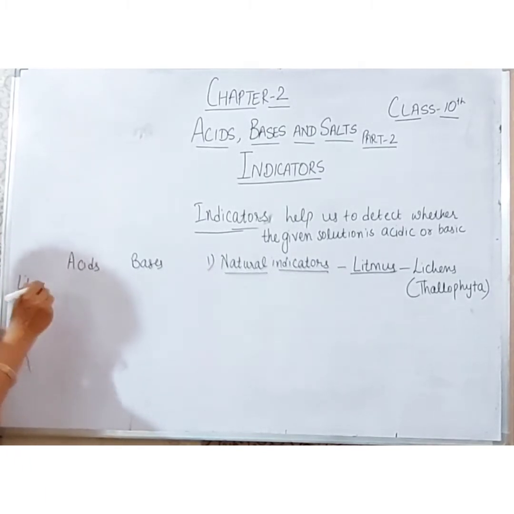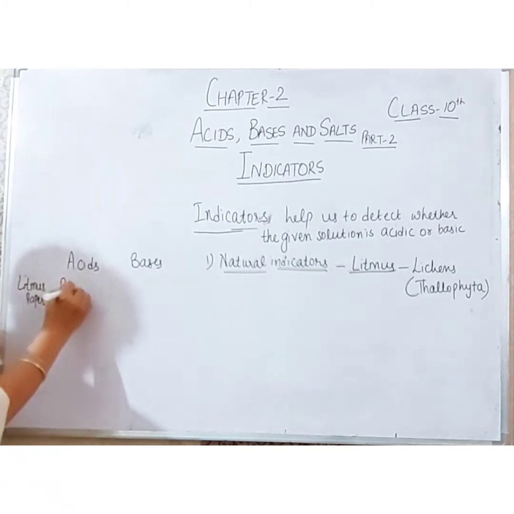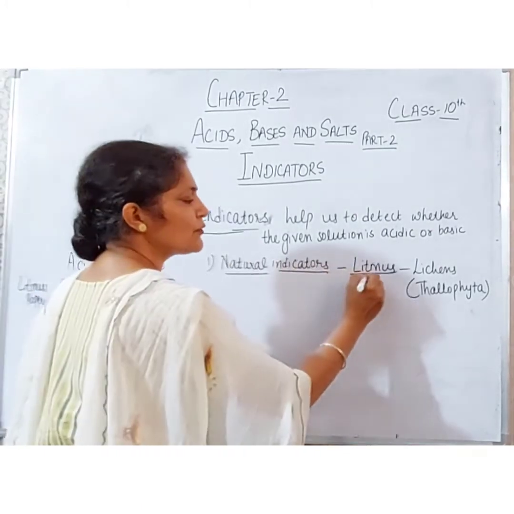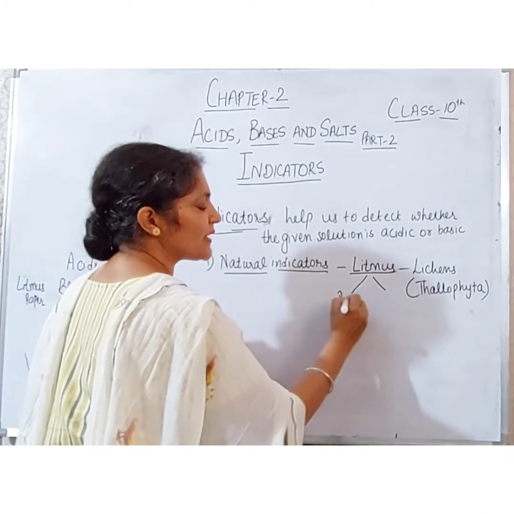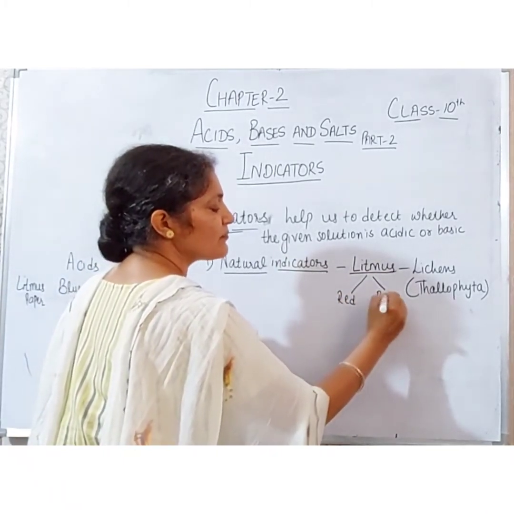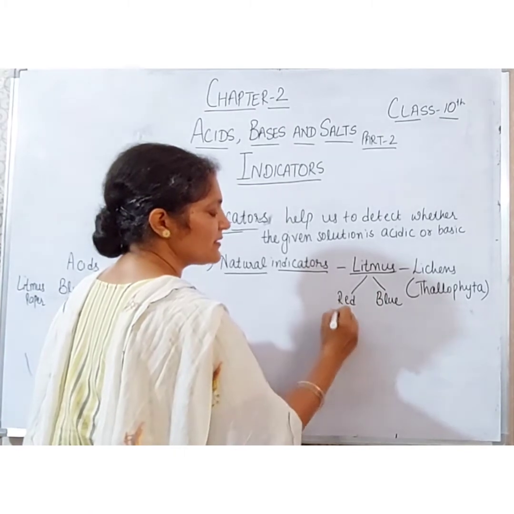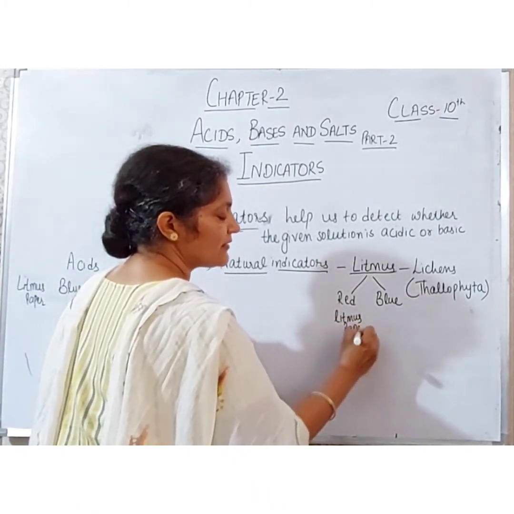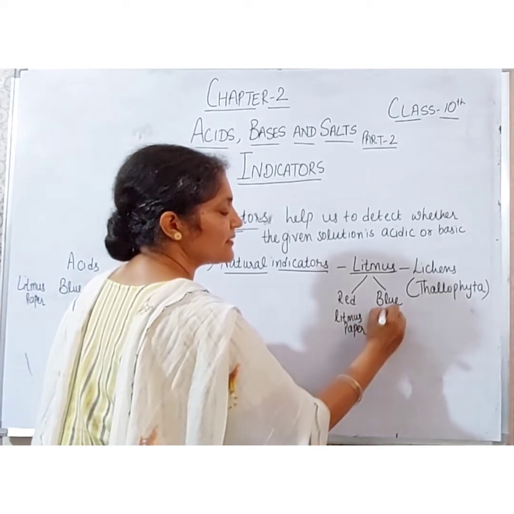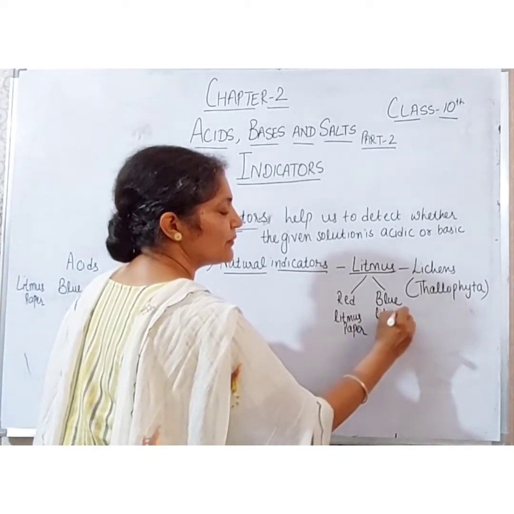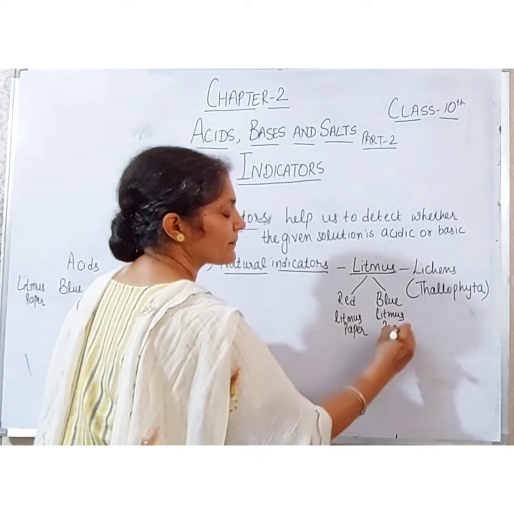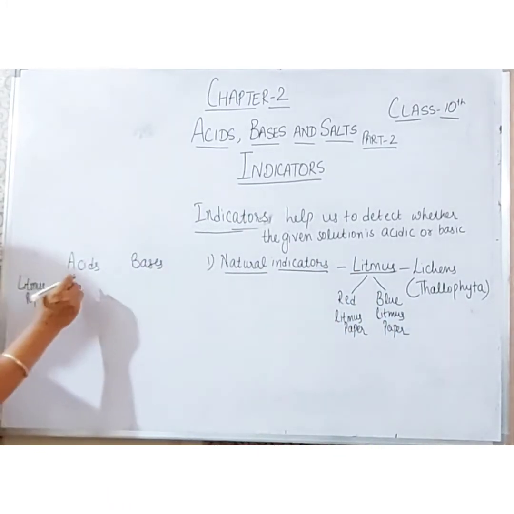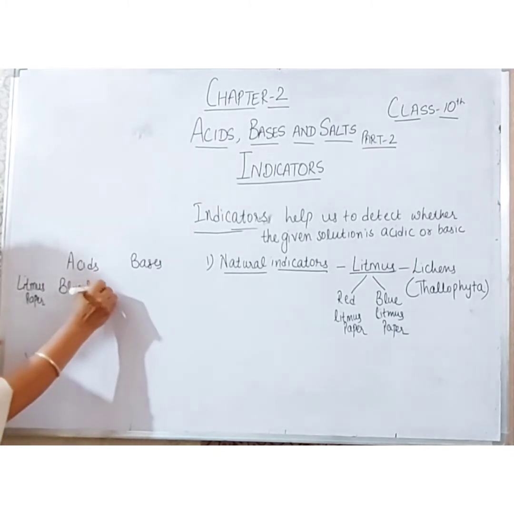Litmus paper is of two colors, one is red and the other is blue litmus paper. Now students, acids turn blue litmus paper to red.